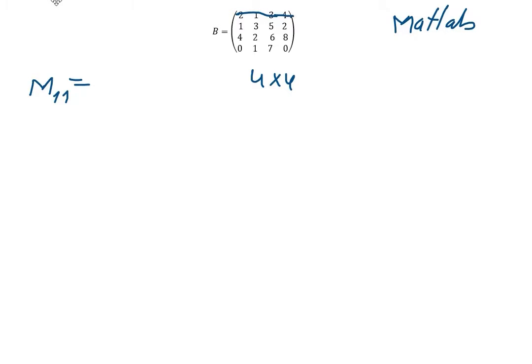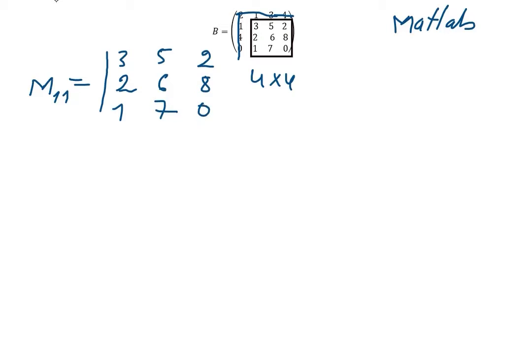I'm sorry for my pen. We take the remaining matrix here: it is 3, 2, 1, and 5, 6, 7, 2, 8, 0. So this is the remaining matrix.